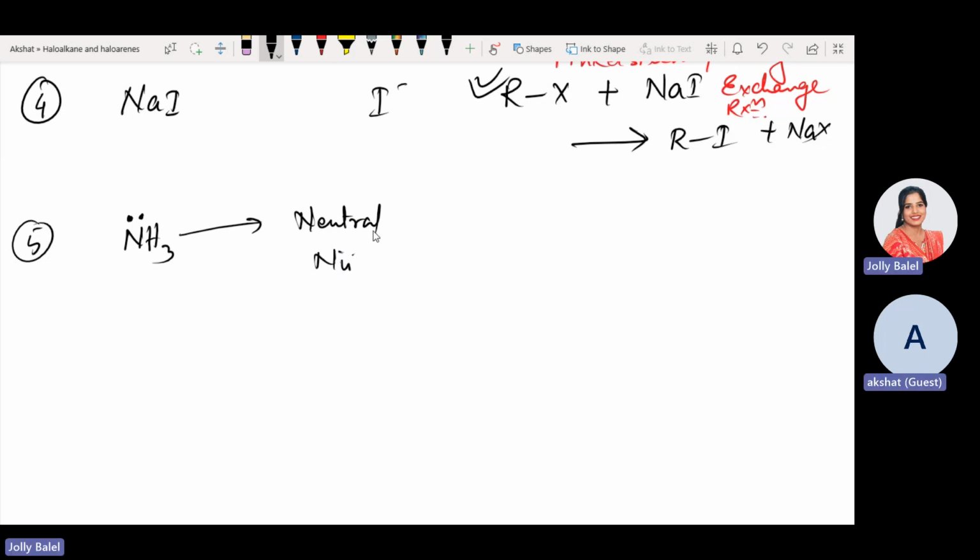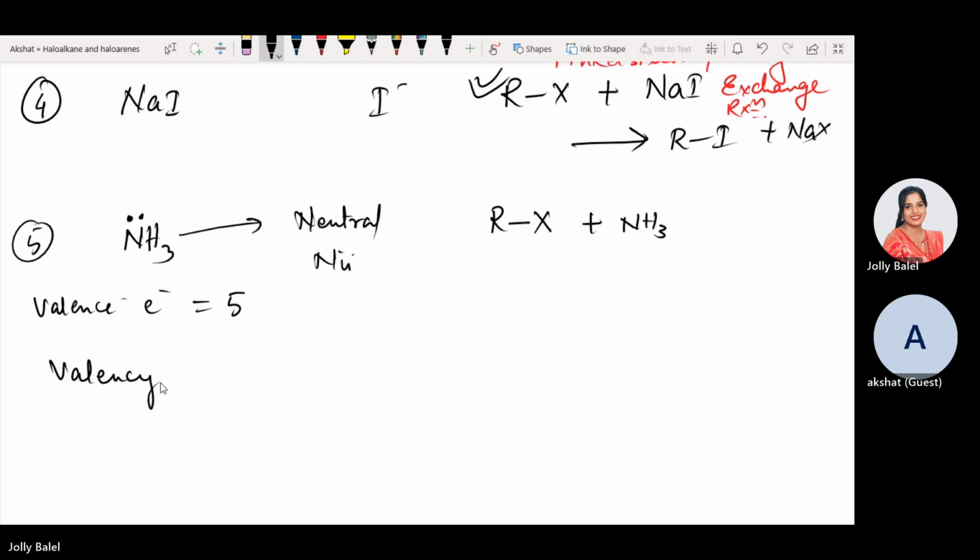If RX is there, just like water, substitution will happen. Can you tell me the valency of nitrogen? The valence electron count is 5, so how many electrons will it require? 3. So the valency is 3.